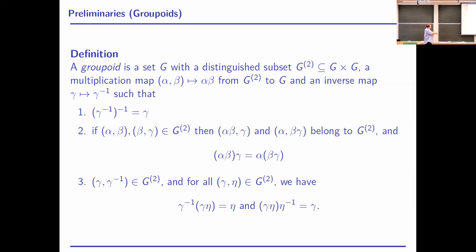And an element gamma is always composable with its inverse, and it undoes the action of gamma one-sidedly.